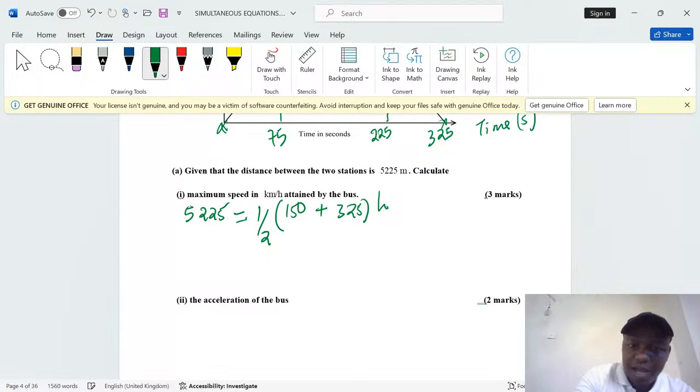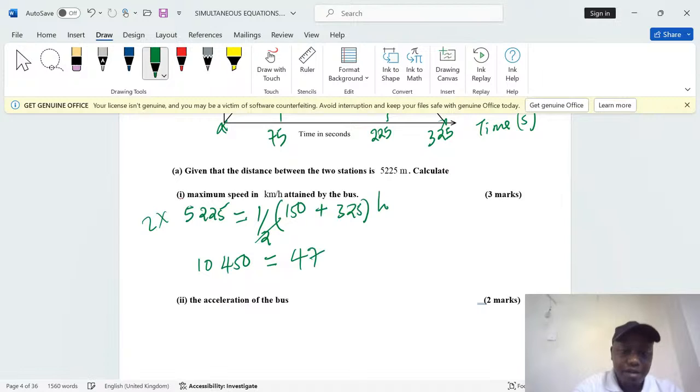Then we multiply by a known height, which will be the speed attained. So now we can multiply by 2 both sides to cancel the half. So 5225 times 2 will be 10,450, equal to, when we take 150 and add 325, we get 475 h.